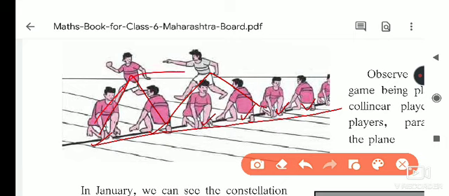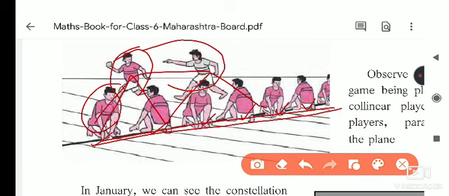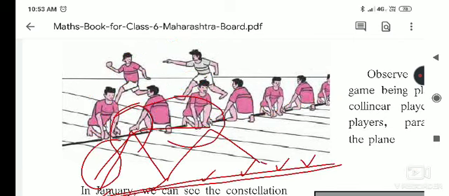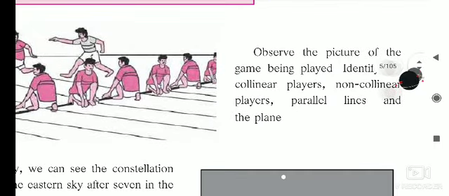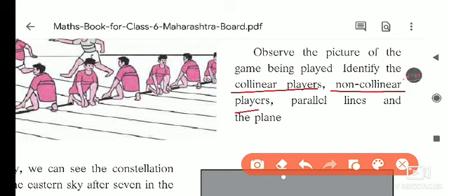So these players are non-collinear, while the players who are sitting in this line are collinear. So we see which players are collinear, which are non-collinear, and the parallel lines and the plane. That we have to see now.